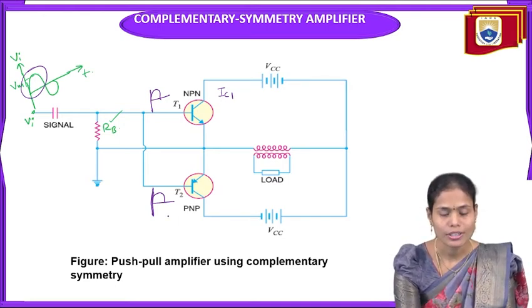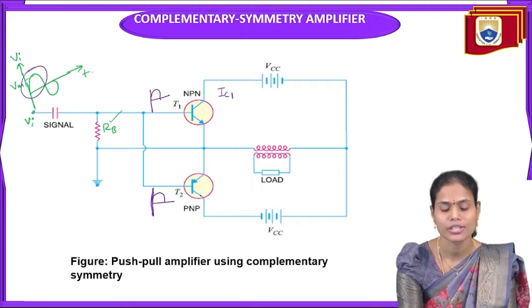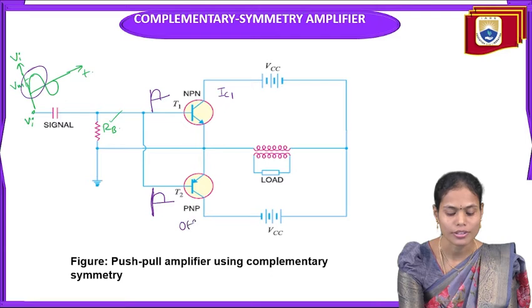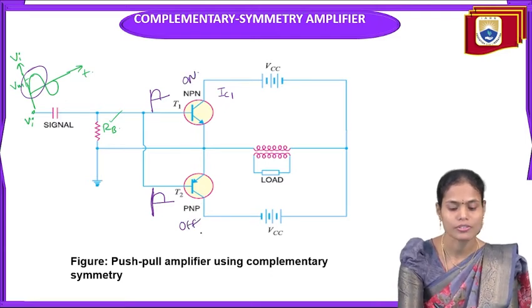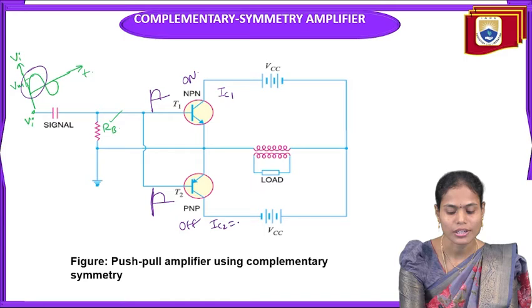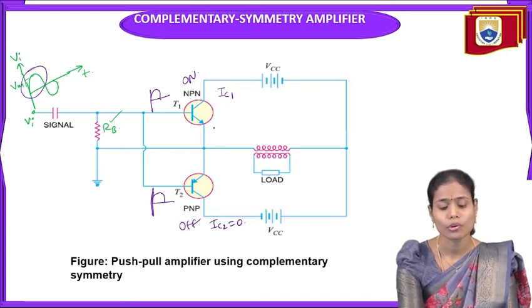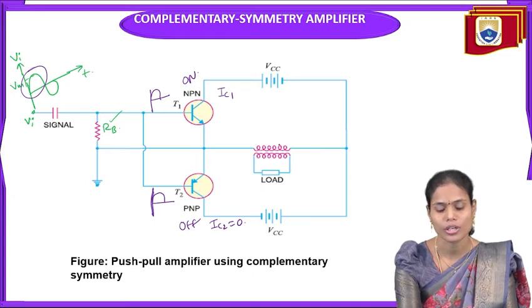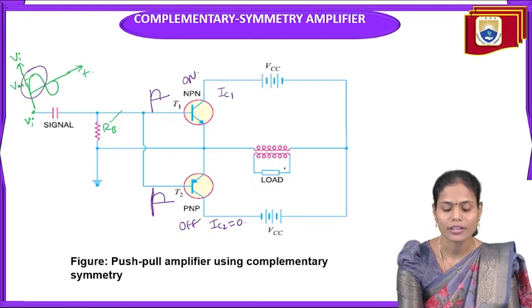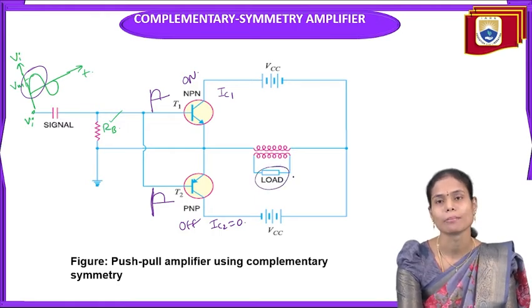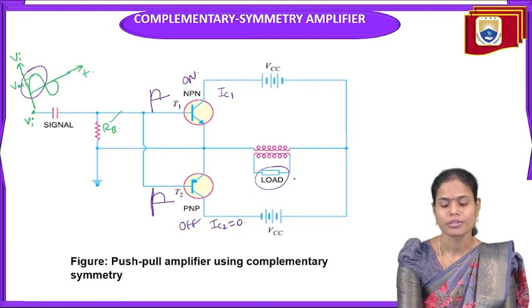But the same positive half cycle applied to the PNP transistor keeps it in the off condition, so there is no collector current, it is 0 here. The current flowing in the collector of T1 is connected to the primary of the transformer, and due to mutual inductance it appears across the secondary of the transformer and across the load resistance RL, where we measure the output voltage V0.